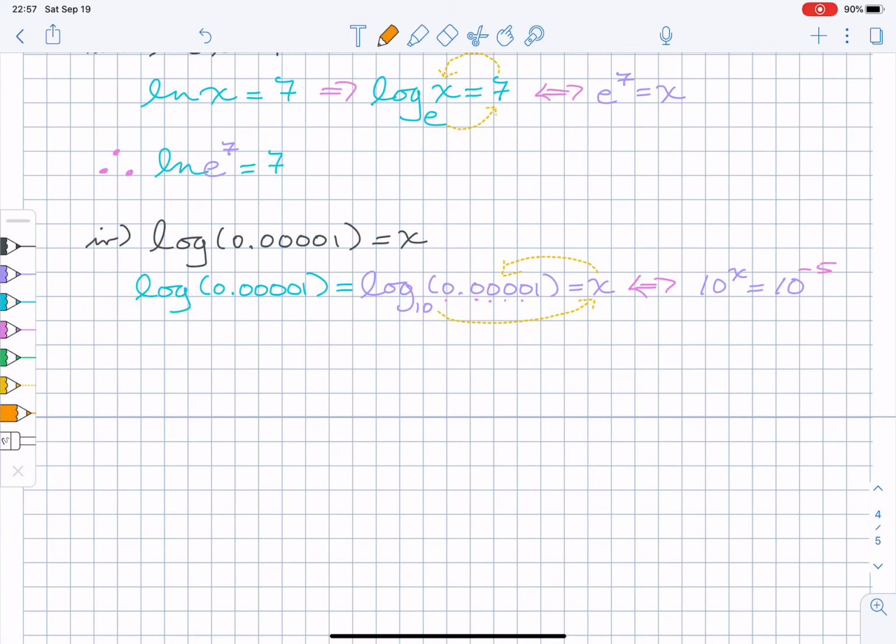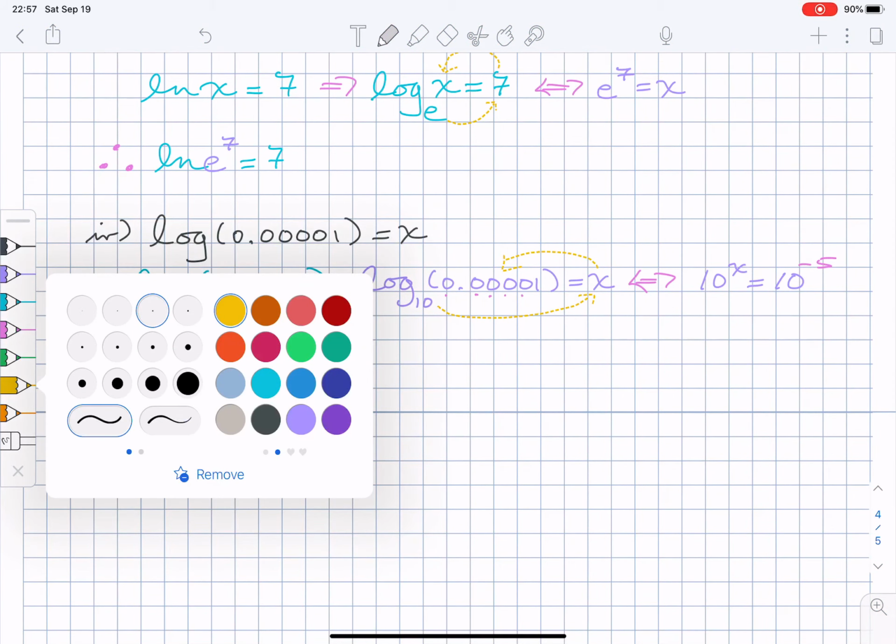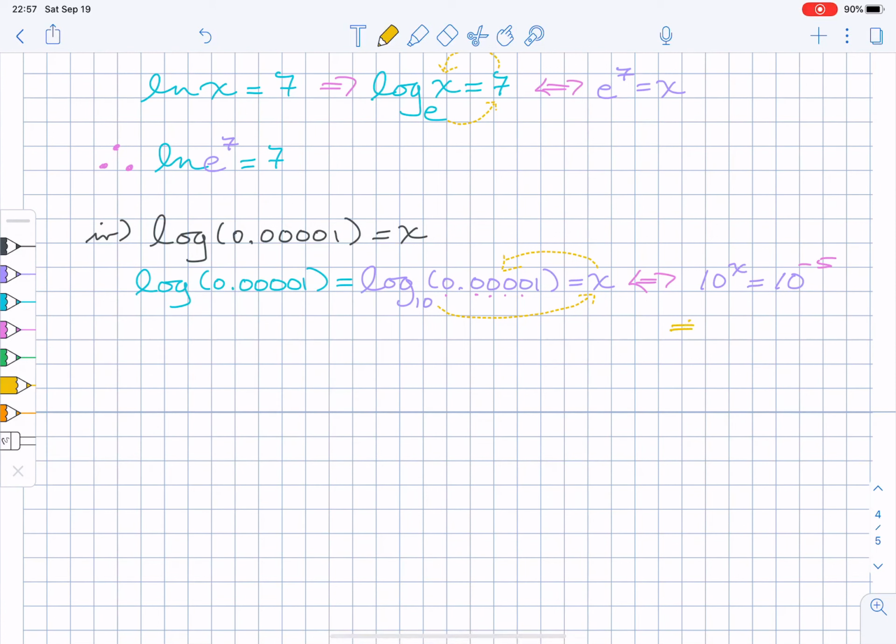So this means that x is equal to negative 5. Okay, so therefore, I claim that log 0.00001 is equal to negative 5.